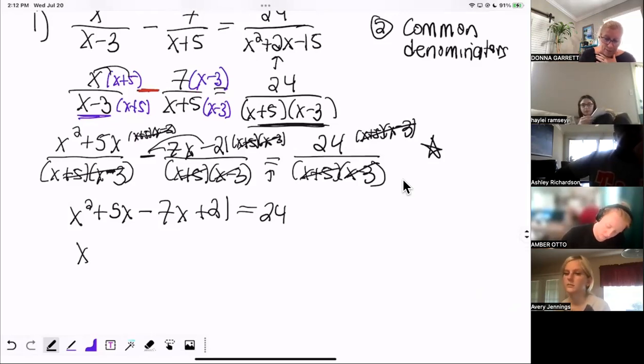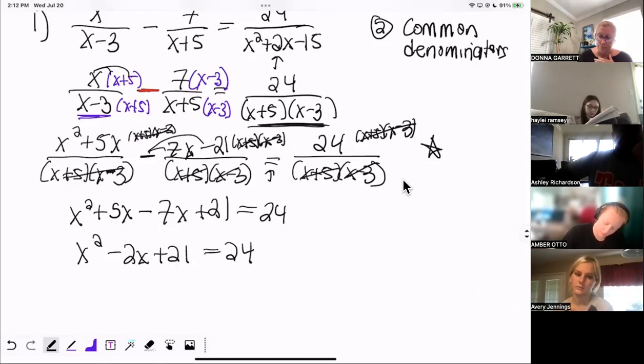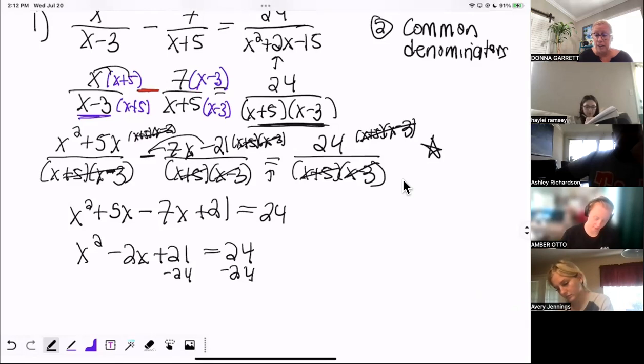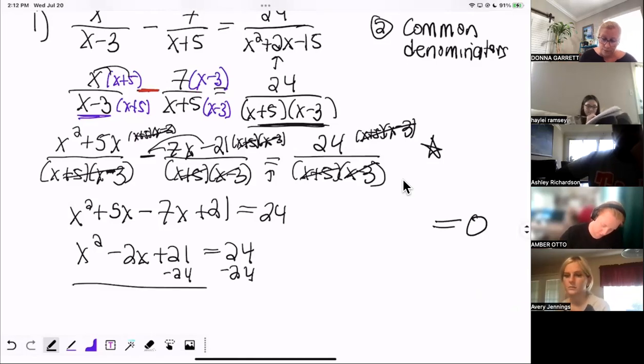Okay, here we go. So we have x squared minus 2x plus 21 equals 24. We're going to subtract 24. Why? Because when we solve, we have to have equal to 0. So you want to be equal to 0. Everything goes to the left. That's 0.